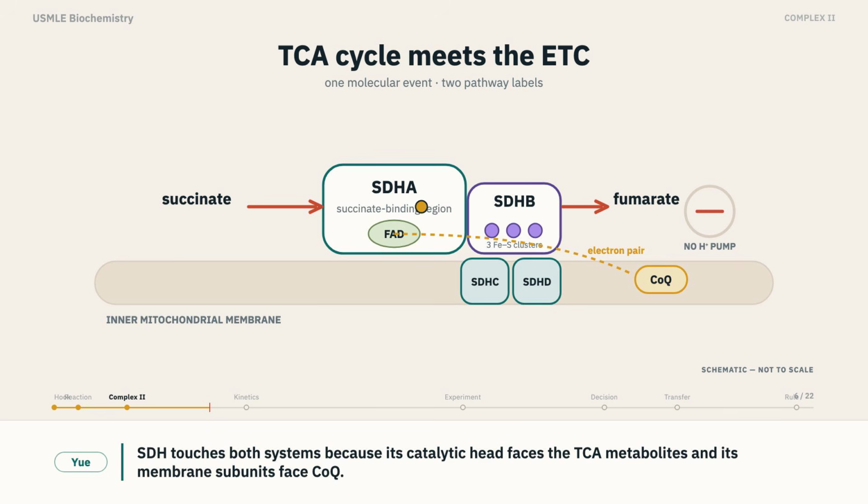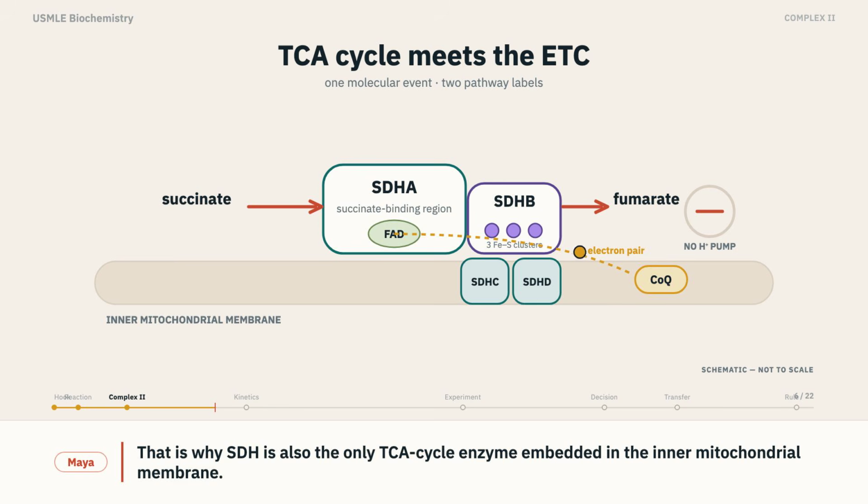SDH touches both systems because its catalytic head faces the TCA metabolites, and its membrane subunits face coenzyme Q. That is why SDH is also the only TCA cycle enzyme embedded in the inner mitochondrial membrane. Its TCA reaction and its complex 2 reaction are the same molecular event viewed from 2 pathways.